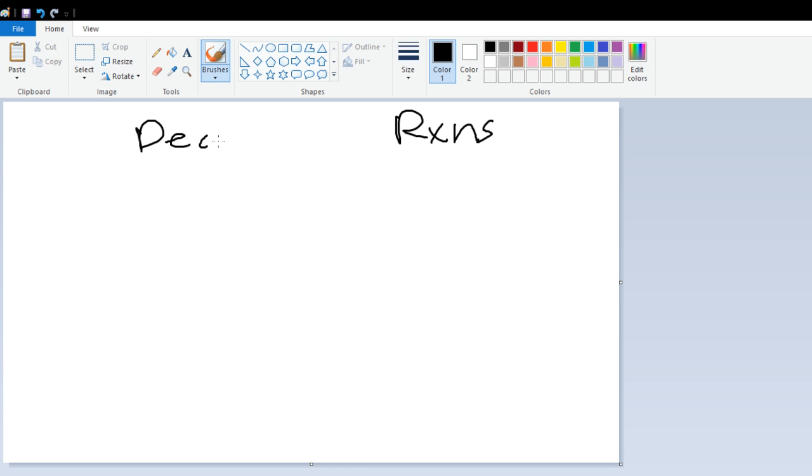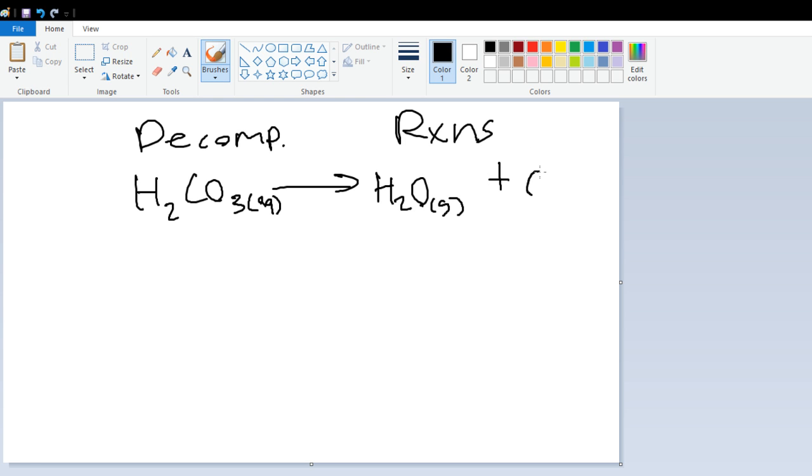The special decomp reactions are oxyacids into water and a nonmetallic oxide. So I've got an oxyacid here. This will go into water and the nonmetallic oxide.